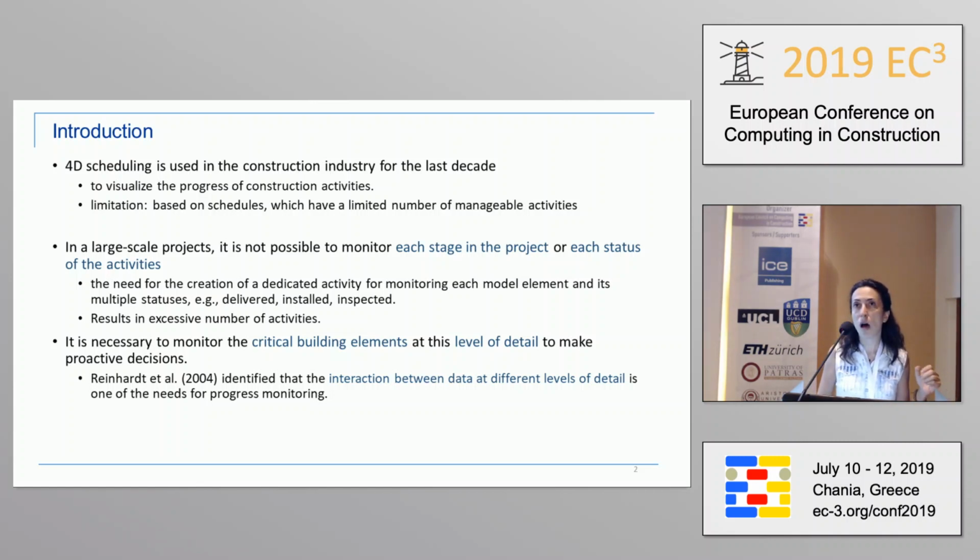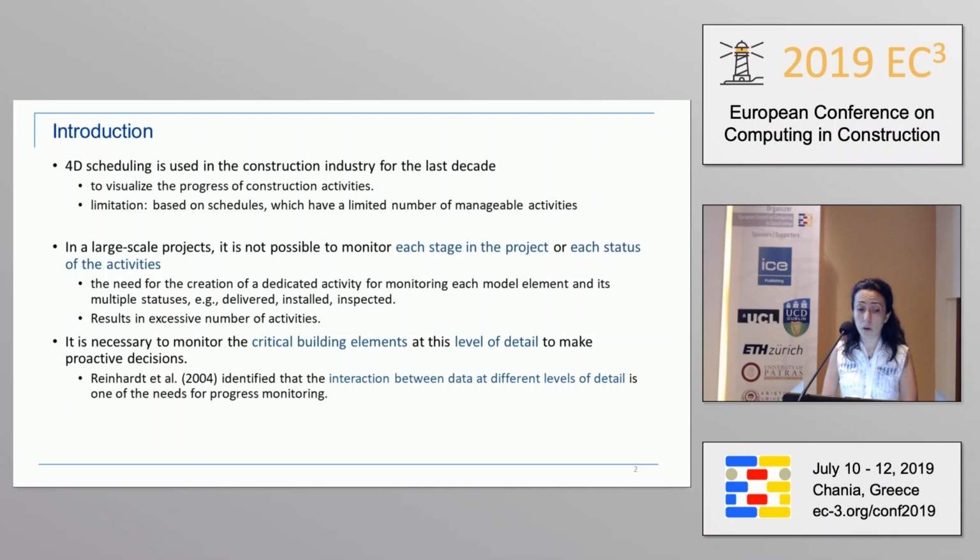For example, for MEP components, you might want to see which ones are inspected, which ones are tested, commissioned, or which ones are delivered to the site. But usually we cannot go to this level of detail when we have schedules and 4D models to track the progress at site.